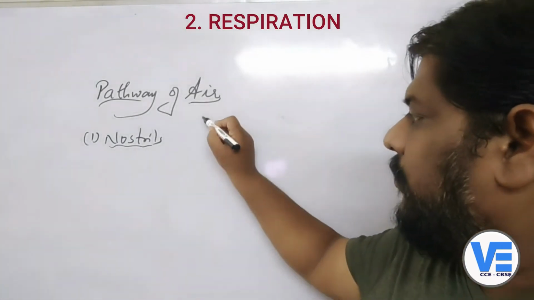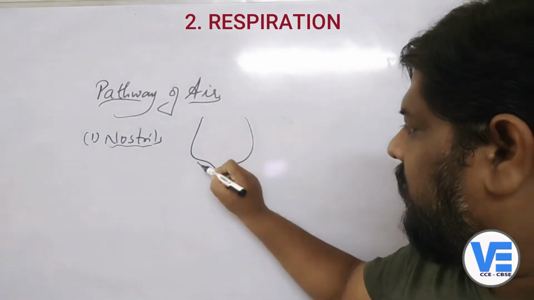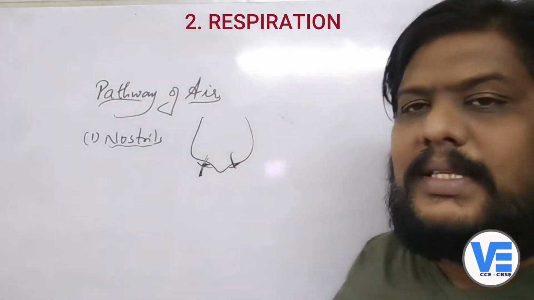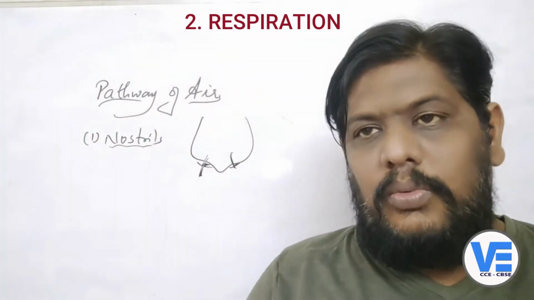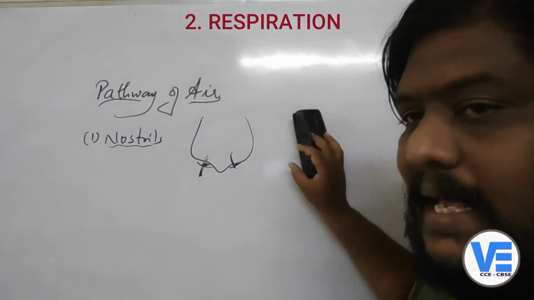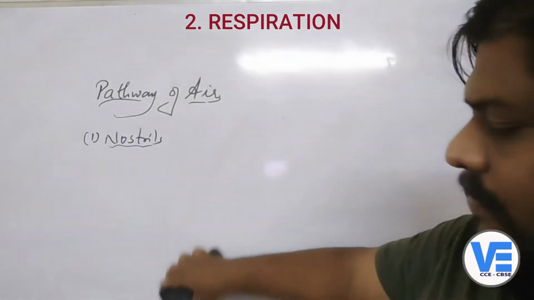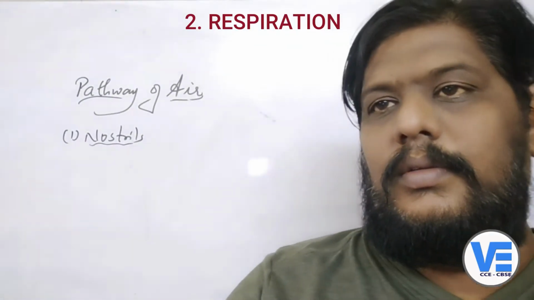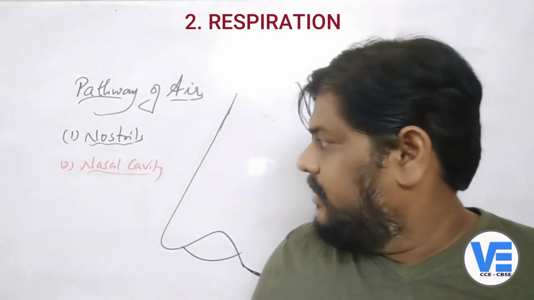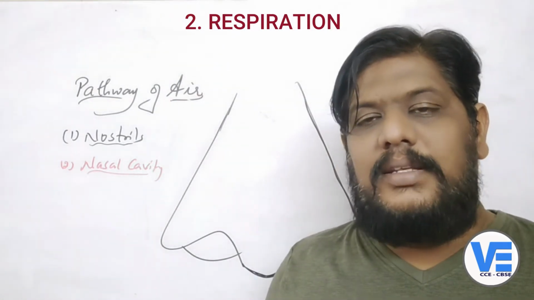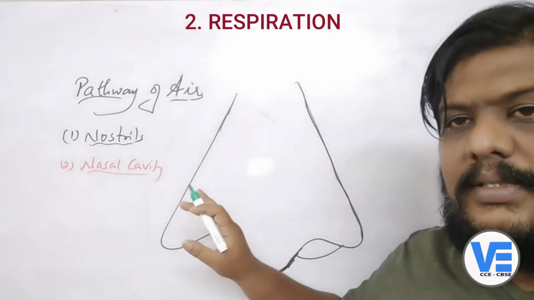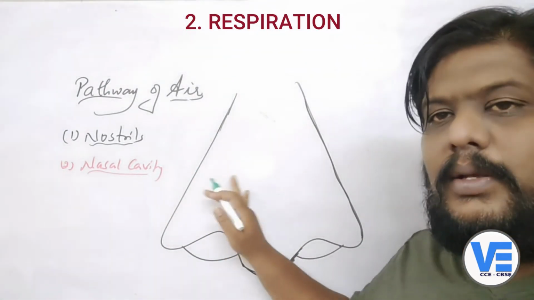These are the 2 nostrils through which the air enters inside. The next one, the second one, is the nasal cavity. This nasal cavity is the empty space which is present in the nose here.